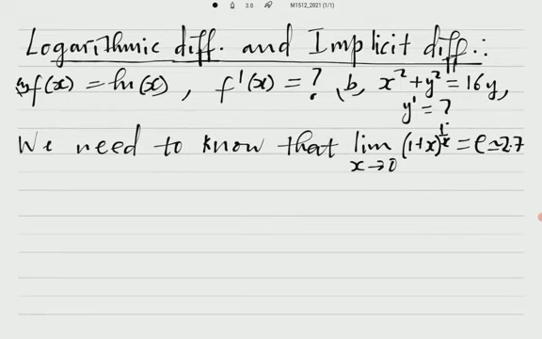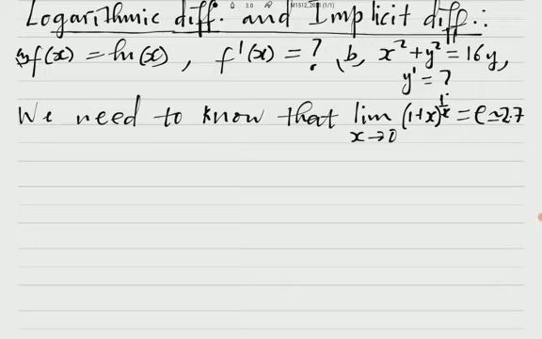So it's roughly 2.7, but remember it's an irrational number. It doesn't terminate. It's so long. So this is just a rough estimate.